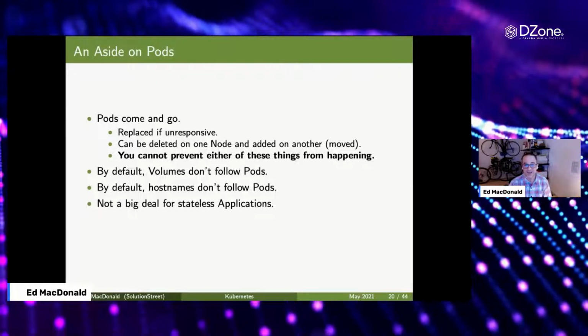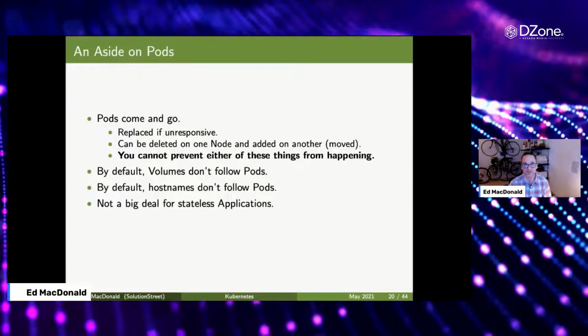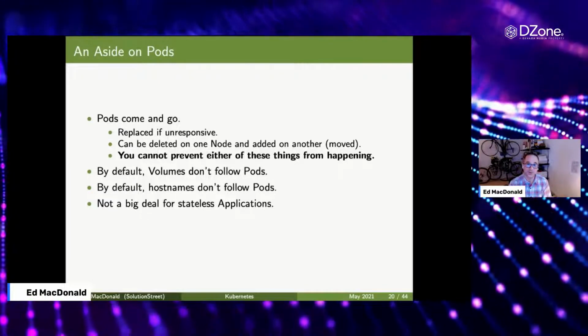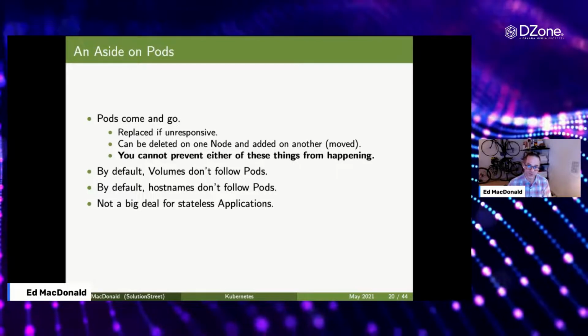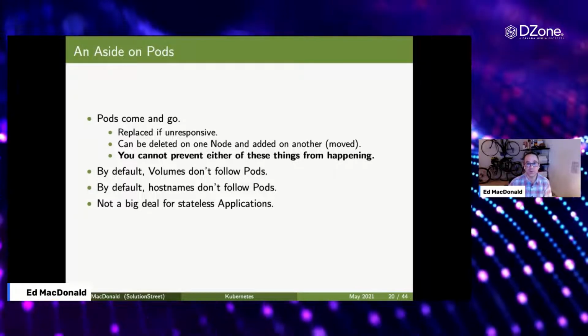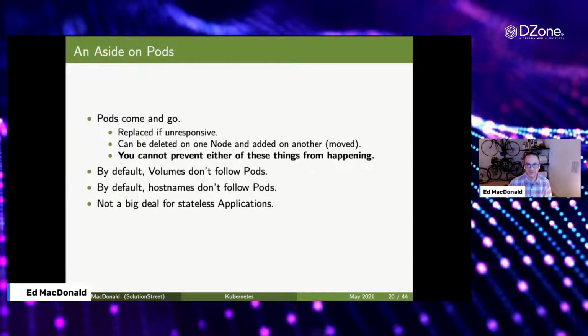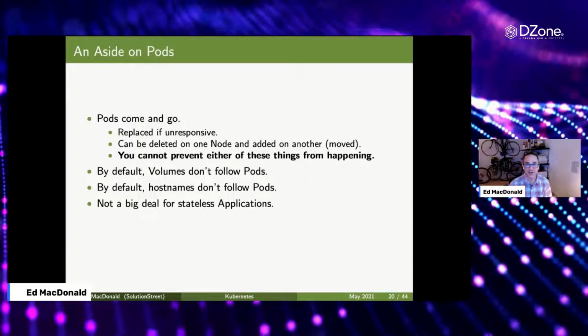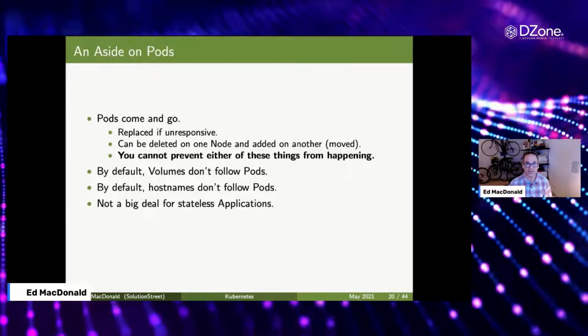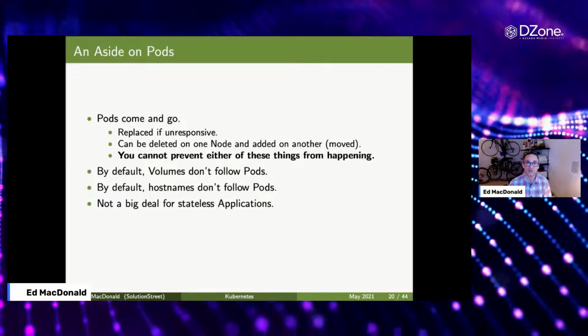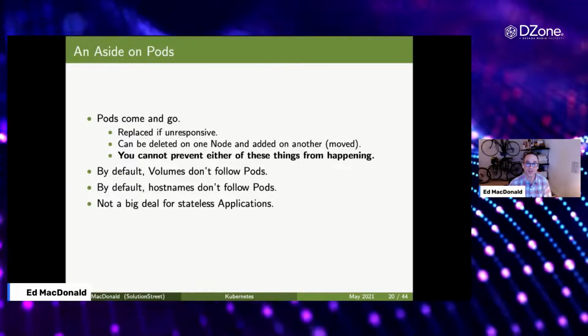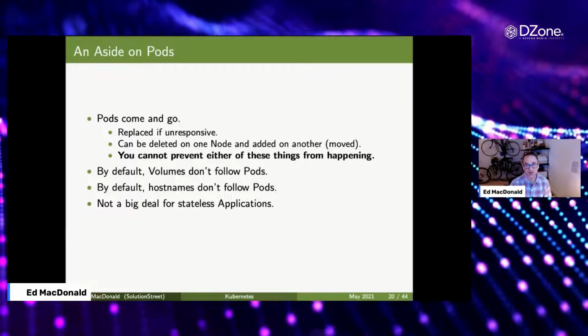Like I said, this is not a big deal for stateless applications, because you don't care which pod you're talking to. You are okay with the Kubernetes load balancer taking your traffic and farming it out to whichever pod in the application it sees fit. Your client application doesn't care about the specific pod it was talking to.